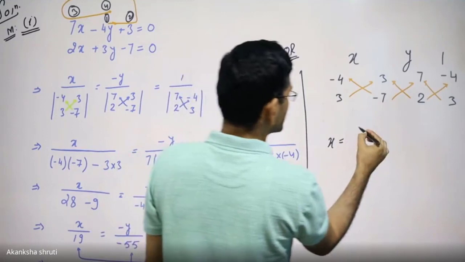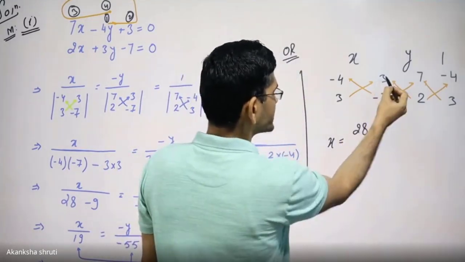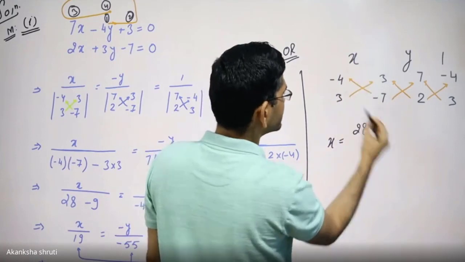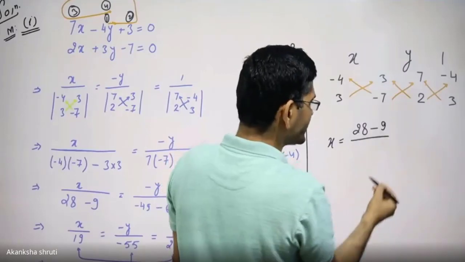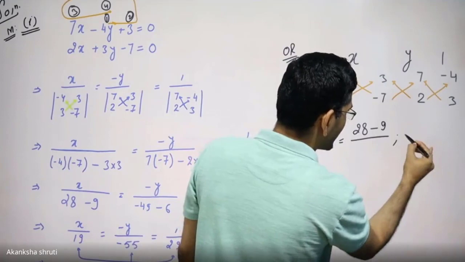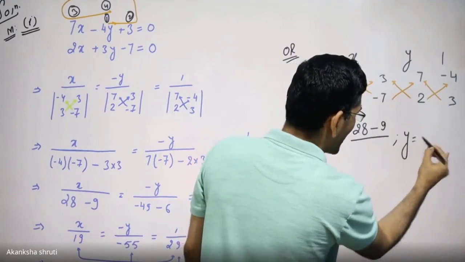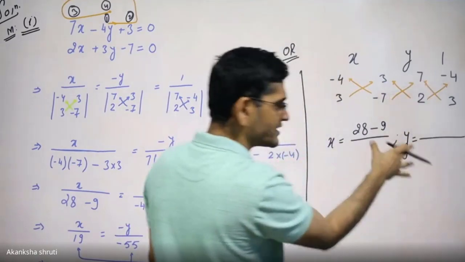It is our 28. Right upward below this x with the negative, -3 3s are 9. Yes. Denominator both will be the same. So you just write the comma here, and in parallel you first write the y, then you will write the denominator. So just in one step you can get it.